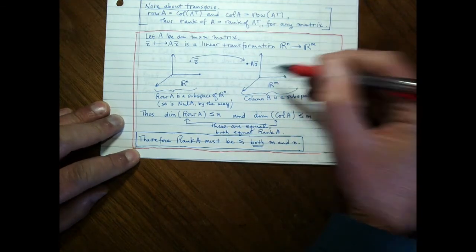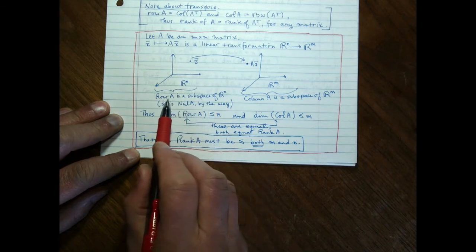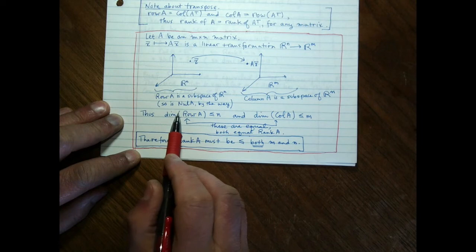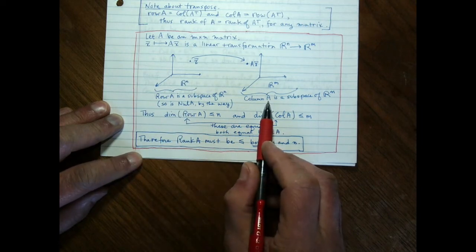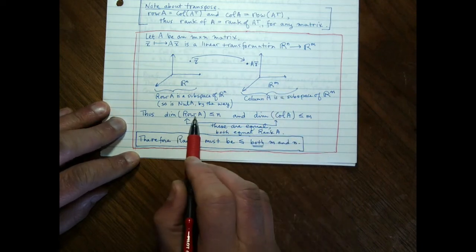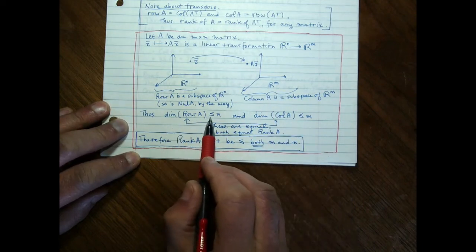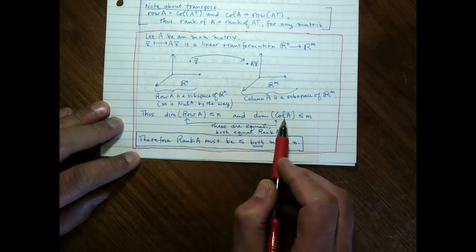So what do we know about these? Well, the row space of A is a subspace of R^n, and so is the null space of A. The column space of A is a subspace of R^m. So the dimension of the row space has to be less than or equal to n, and the dimension of the column space has to be less than or equal to m.